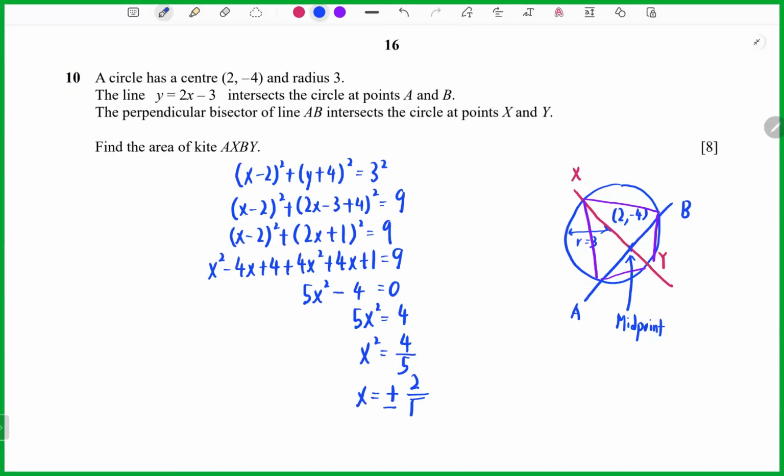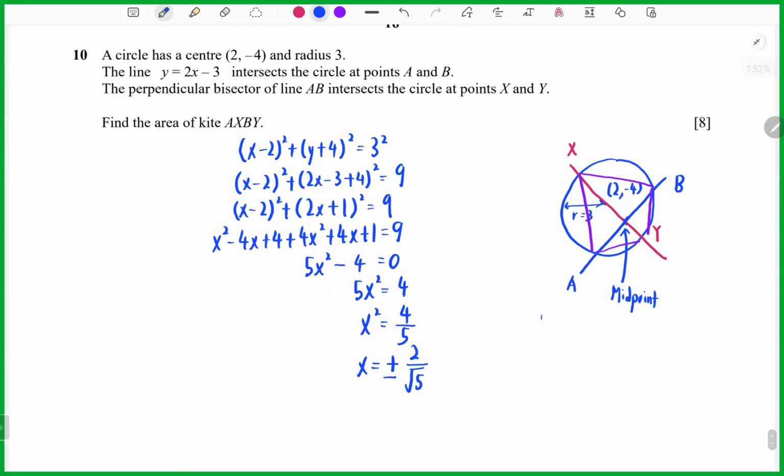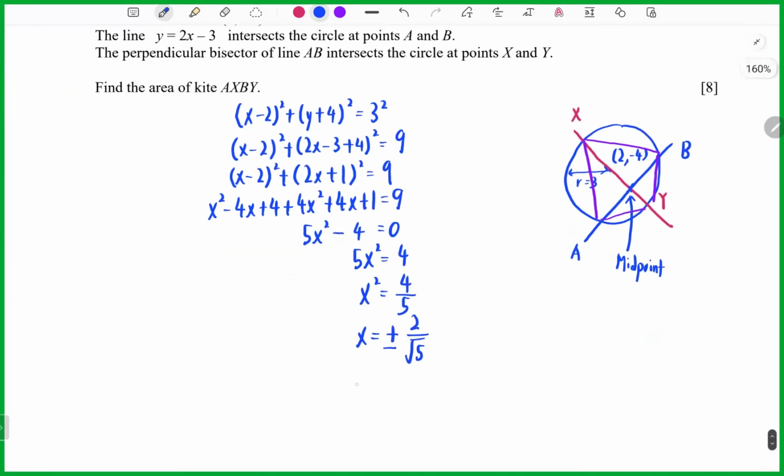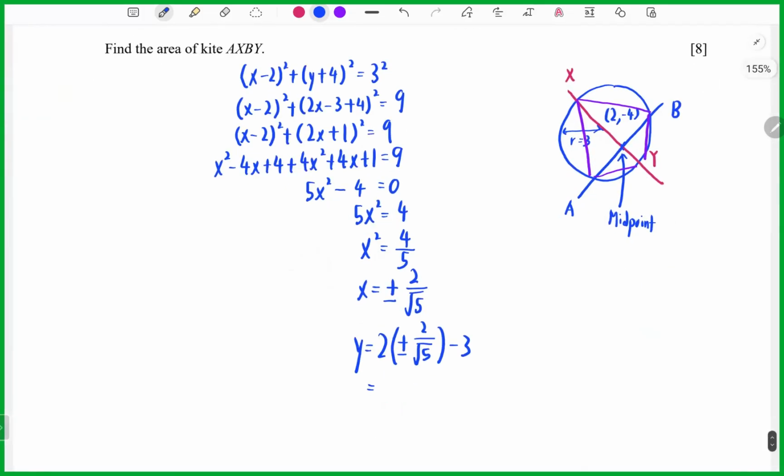So x equals positive or negative 2 over root 5. And then we see the y coordinate. We don't need to write in decimal places because we cannot use calculators, right? So we just write in surd form only. If we put positive or negative 2 over root 5, y = 2x - 3, so you will get two possible answers, positive and negative.